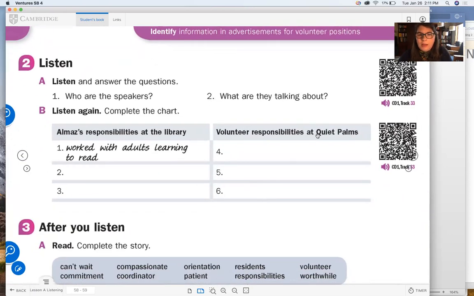The capital Q, capital P, means it's the name of a place. And with a name like Quiet Palms, palm trees, it makes me think it's a place where old people live. I'm not sure, but that's my guess, okay? So listen for 3 things Almaz needs to do at the library and 3 things someone working for free, helping, a helper needs to do at Quiet Palms, okay?